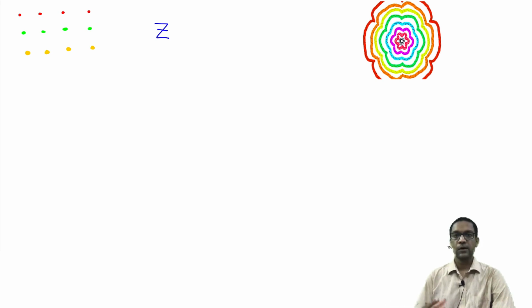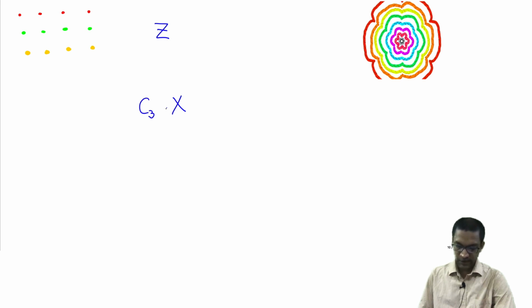The elements of X are now collections of 6 dots at a time. Okay, so we'll come to X, but what is it that we eventually want to do? We want to define an action of the group, and remember, the group in this case is the cyclic group. So in this case, P was 3 in our example.